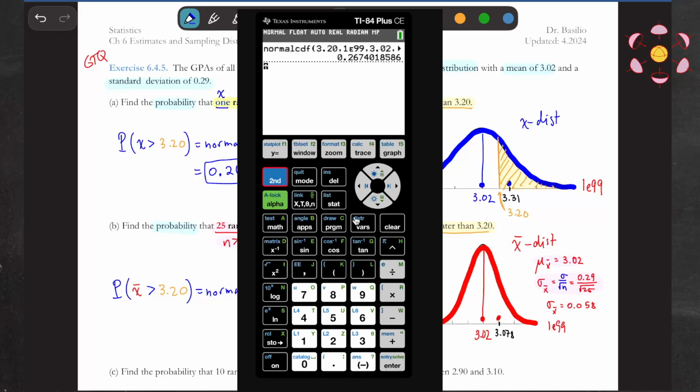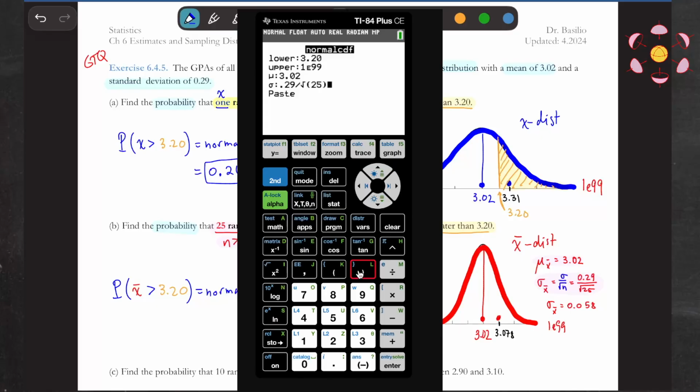Okay, second, vars, normal CDF, lower, upper are the same, the mean is the same, and the standard deviation, here's what we have to do. It's actually 0.29, and then we're going to do the divided by button, second x squared, so that we can do the square root button, and now we'll enter our sample size. So this is the way we do it no matter what n is.